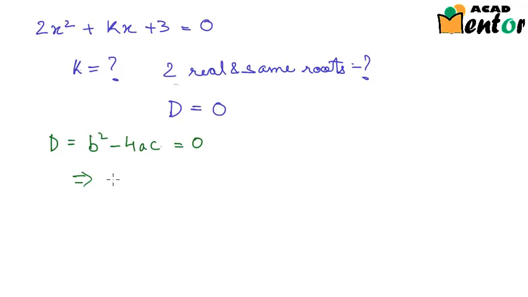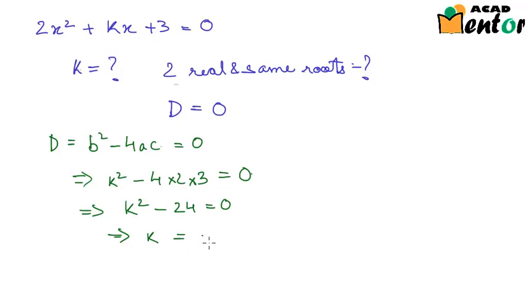That simply means that k² - 4 into 2 into 3 should be equal to 0, or k² - 24 should be 0, or I can say that k should be equal to ±√24.